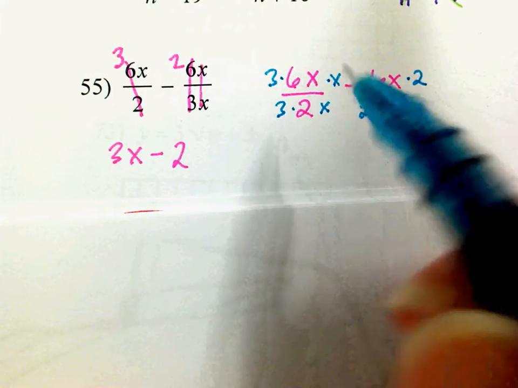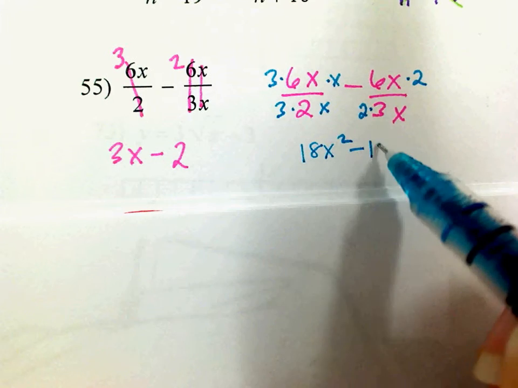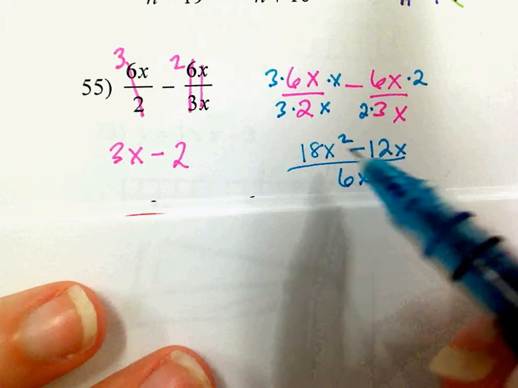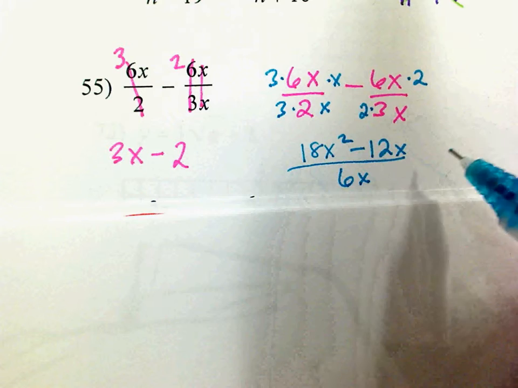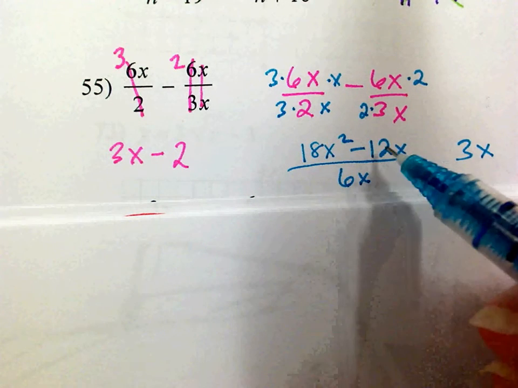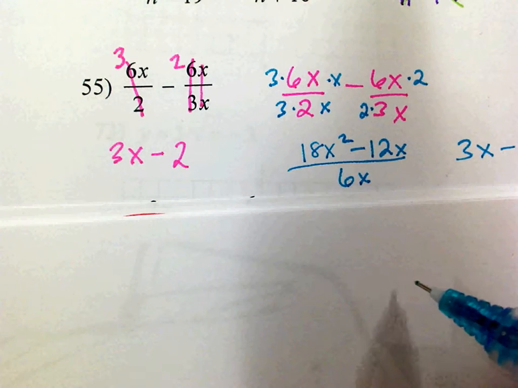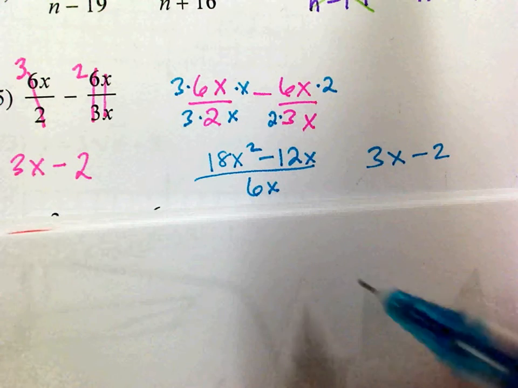So I would have had 18x squared minus 12x over the common denominator, 6x. But do you notice how all three of them are divisible by 6 and x? So 18 divided by 6 is 3, x squared divided by x is x. 12x divided by 6x is just 2, and then 6x divided by 6x is 1. So we're done. Okay? Took a little bit longer though.